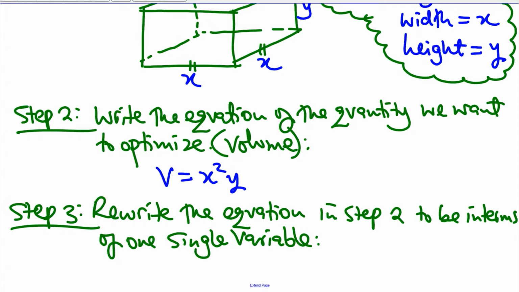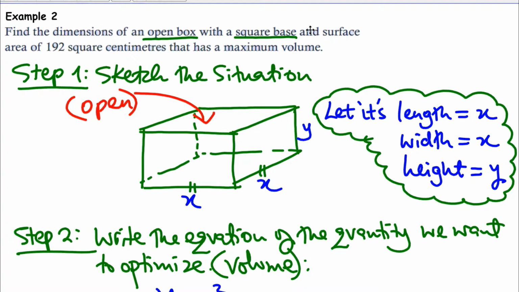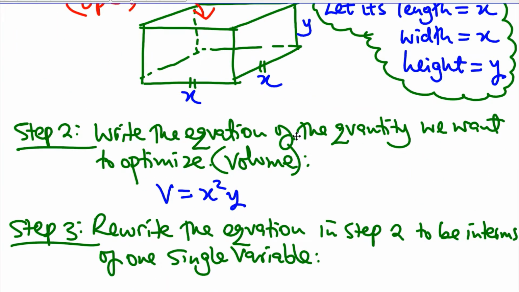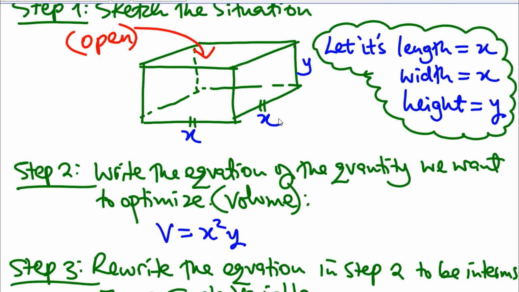Now we know from the question the fact that the surface area of this box is fixed at 192. But how do we find the surface area of an open box? It will be the area of each of these faces.